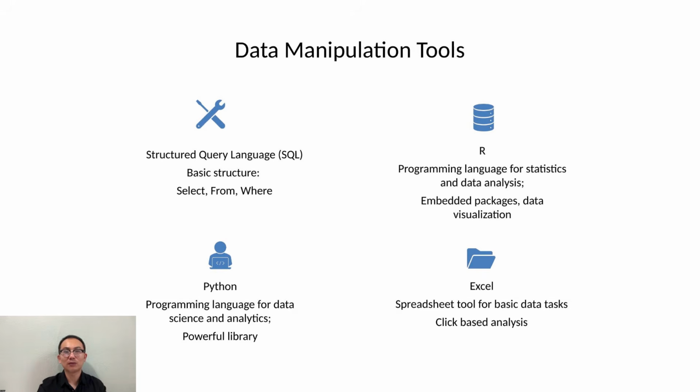The Pandas library makes it easy to manipulate datasets, while NumPy is useful for numerical analysis. And finally, Excel. Excel is still widely used in business for quick analysis. With Power Query, Excel can handle more advanced tasks, like connecting to external data sources and cleaning up messy spreadsheets.